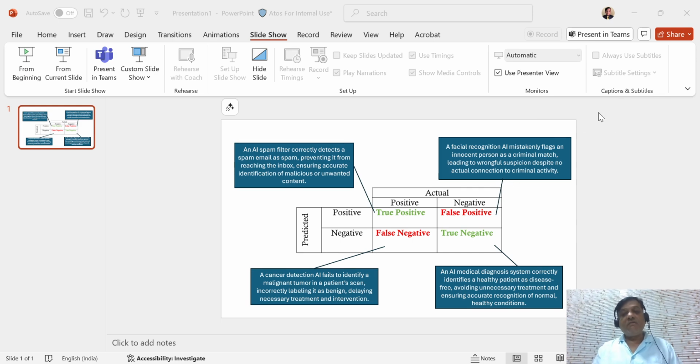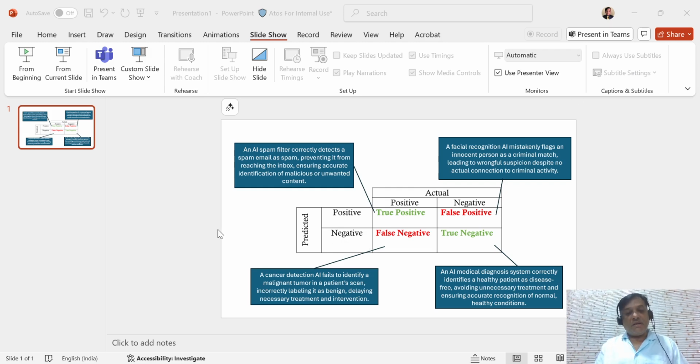So the person will unnecessarily be caught as a criminal even if he's innocent. That is a false positive from AI, which recognized an innocent person as a criminal match.